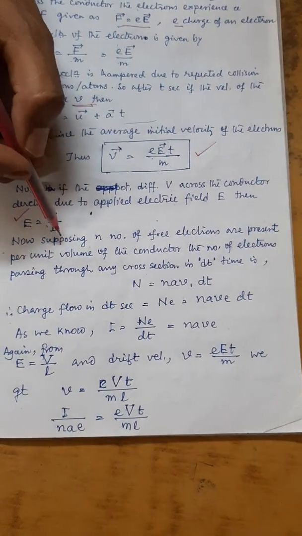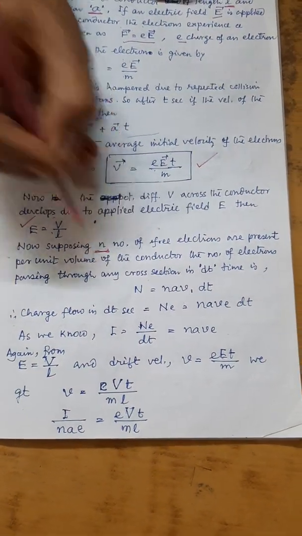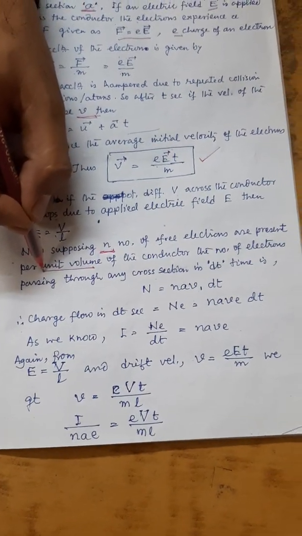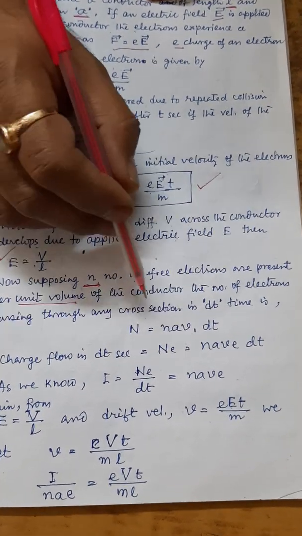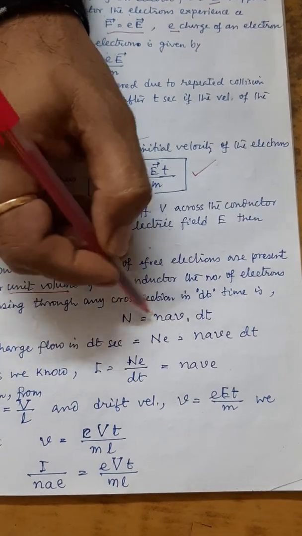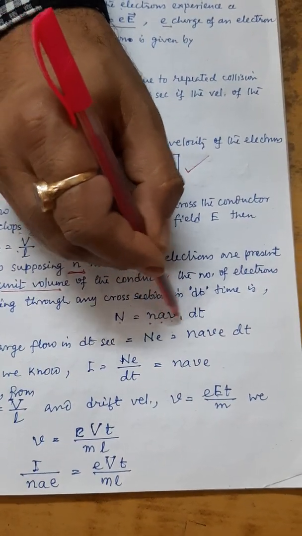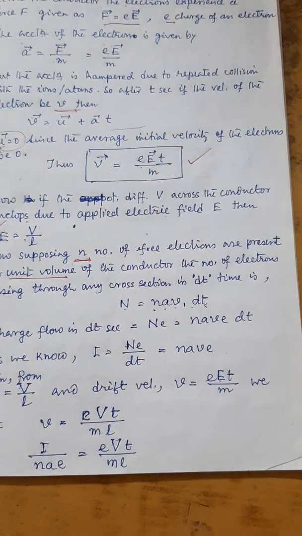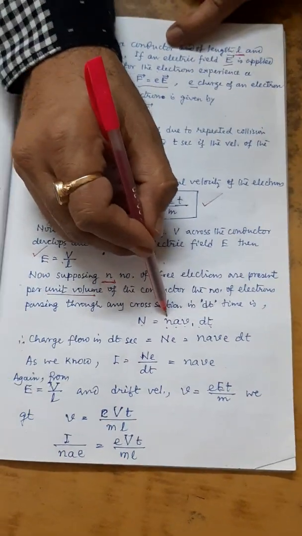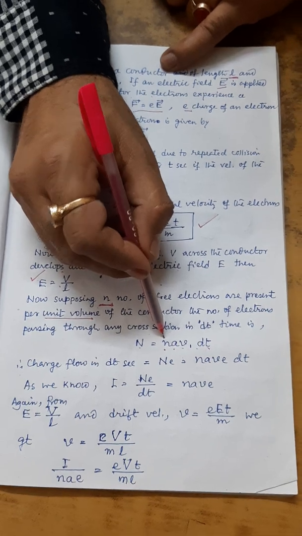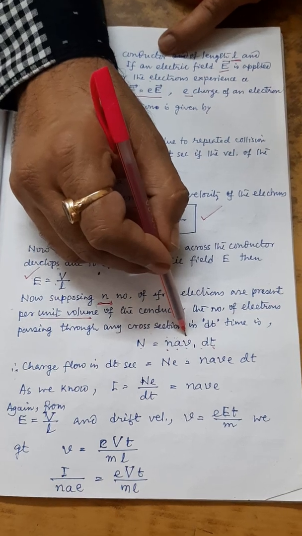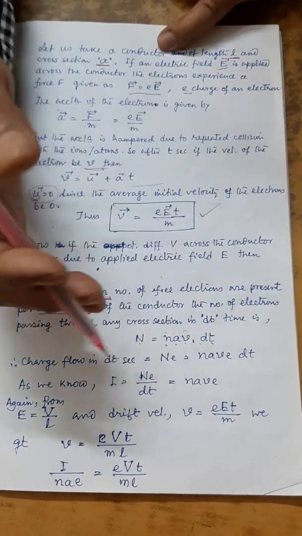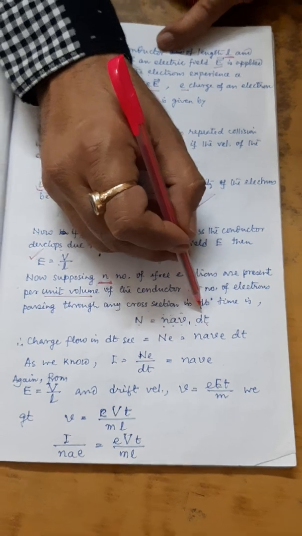Now, if within the conductor small n electrons are present in unit volume, then in time dt the total number of electrons passing would be n A v dt, because small n is the number of electrons per unit volume. A into small v, cross section into drift velocity, gives the volume swept per second, and dt gives the time.